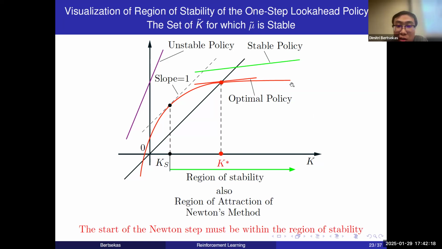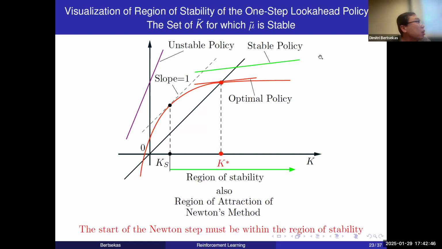Because if this part is flat, then immediately you draw the tangent line, you get this point. On the other hand, here it is not entirely horizontal, but it's rather flat, which means you draw a tangent line and you get something which is still very close.